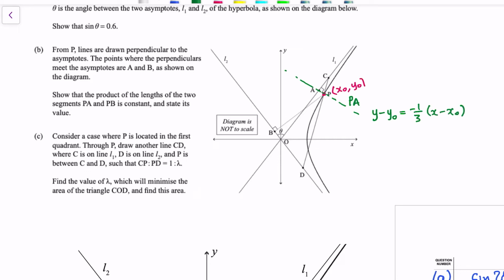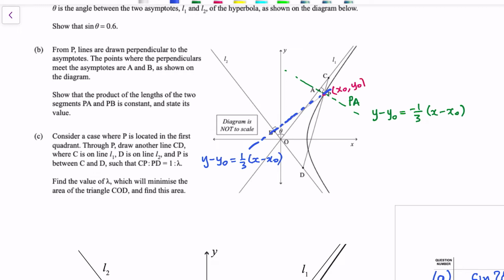Okay, it goes through the point x0, y0. And then the other line, the line PB, well that one here has a slope of positive 1/3. L2 has a slope of negative 3, so the normal must be y minus y0 equals 1/3 times x minus x0.